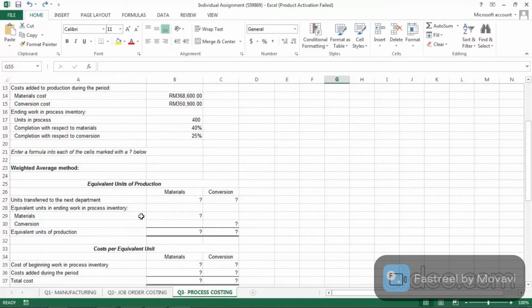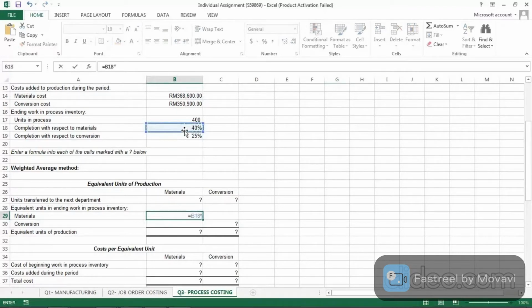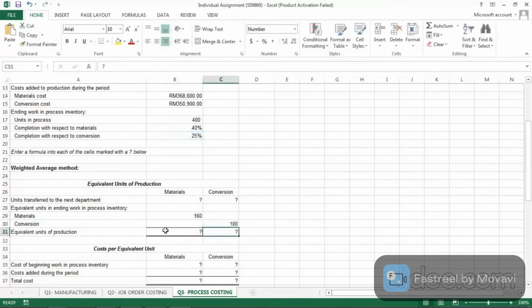So in this question, since we do not know the units transferred to the next department, we have to fill the amount of equivalent units in ending work in process inventory. 40% times with 400 for materials. For conversion, 25% times with 400, then we'll get 100.